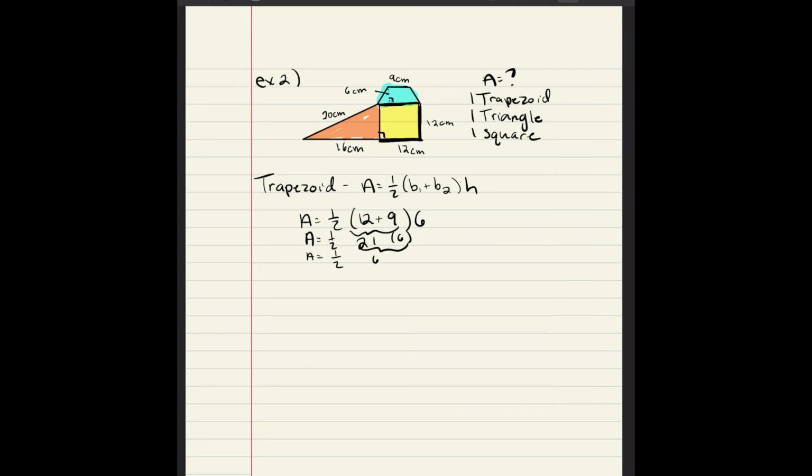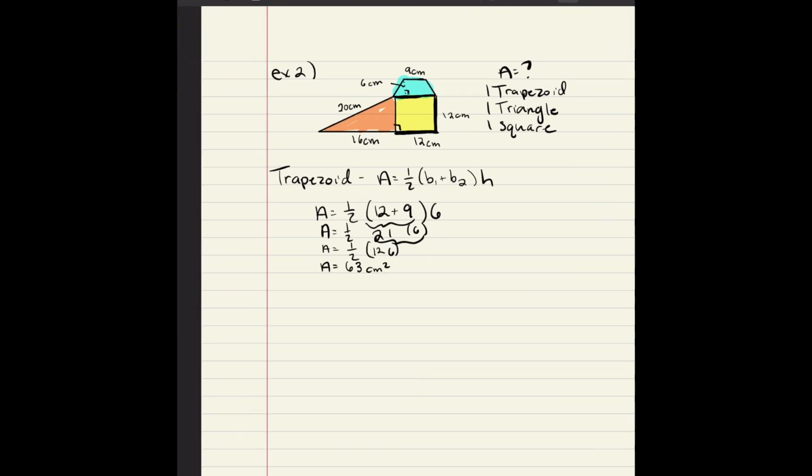So 6 times 1 is 6, and 6 times 2 is 12. So we have 126 times a half, which is the same as dividing by 2. So 2 can go into 12 6 times, and it can go into 6 3 times. So our area equals 63 centimeters squared. That's just for our trapezoid.